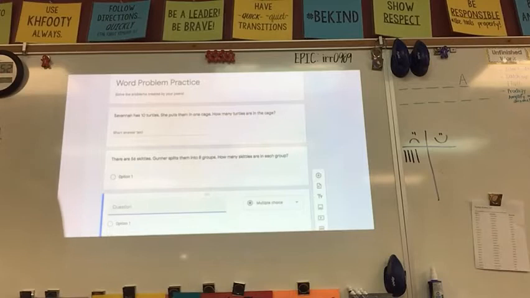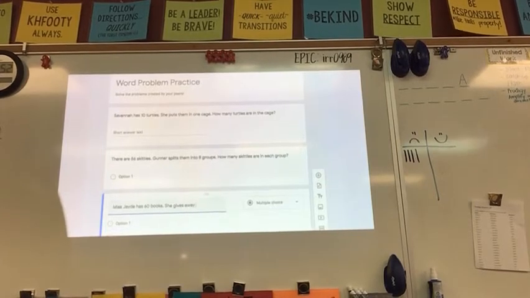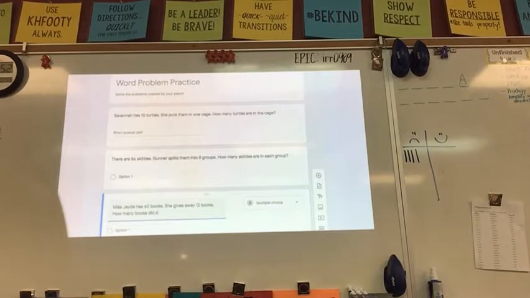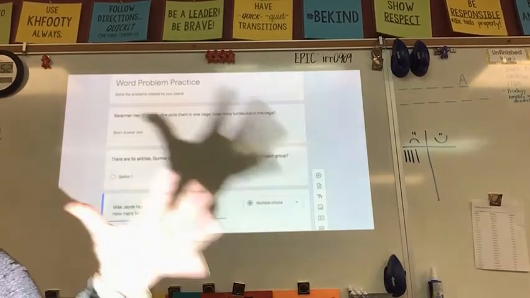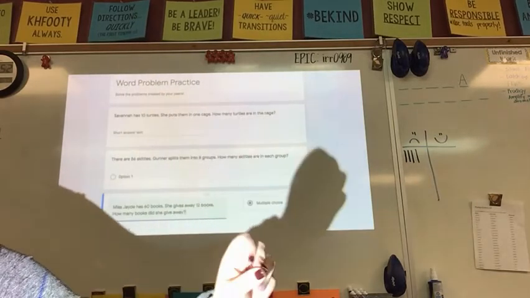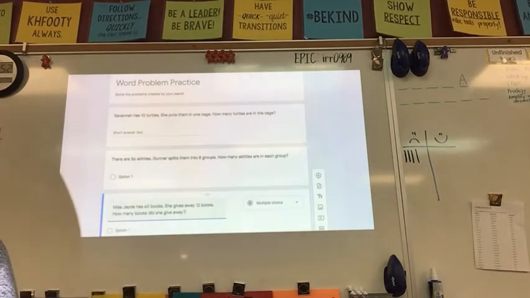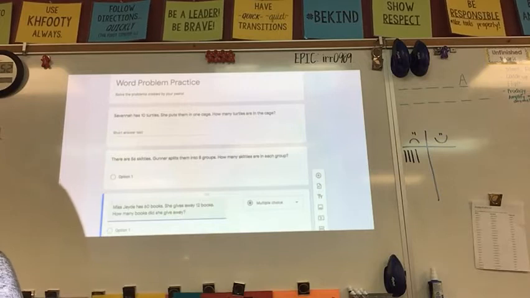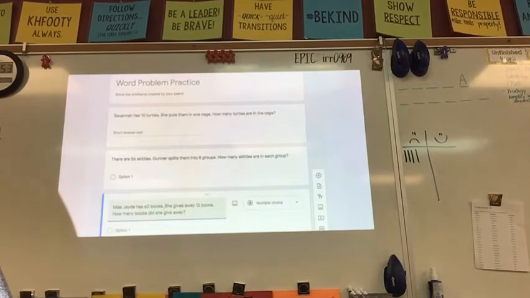This kid has 60 books. She gives away 12 books. How many books did she give away? Does this have a total and then groups that we're putting the books into? That'd be 58. Ooh, let's think about instead. What can you do with books to group books?